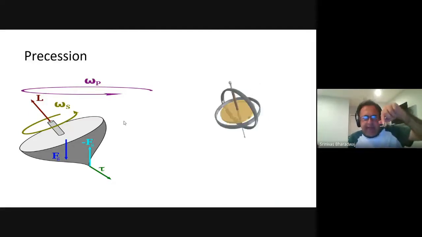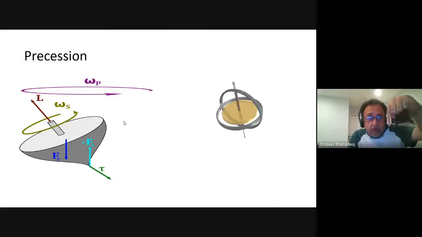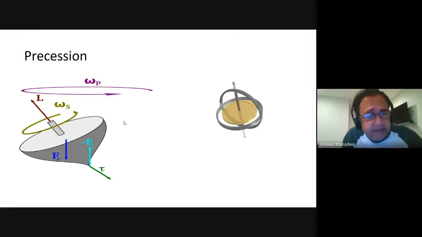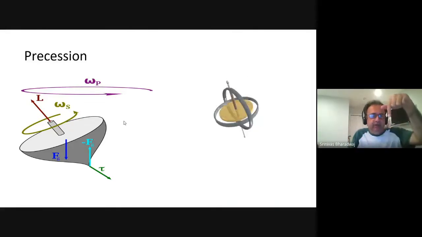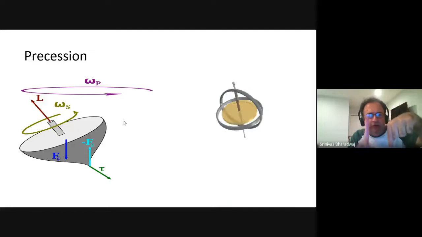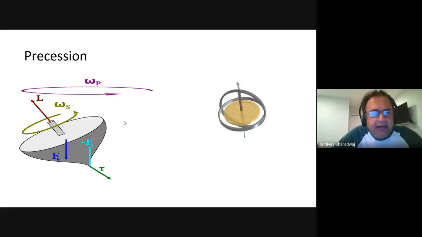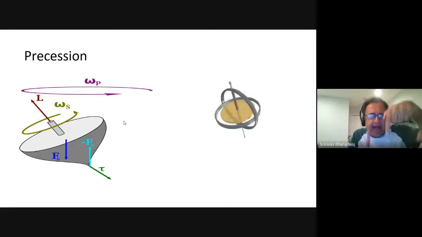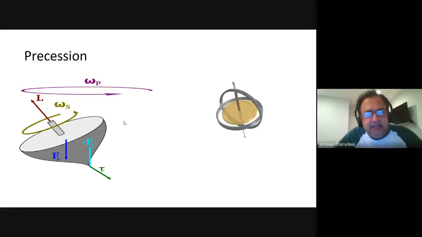Now, when you tap it slightly, those two forces will still be in balance. The weight mg and N are going to be like this. But they are now parallel, opposite in direction, but slightly displaced.